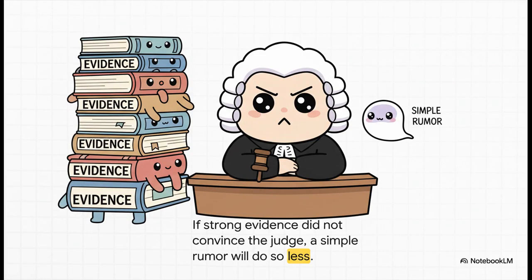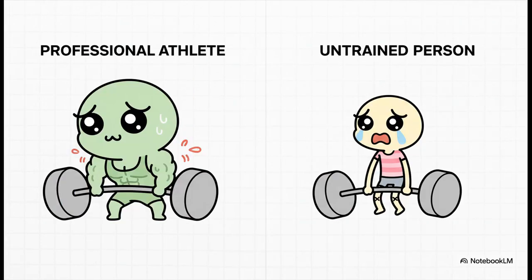And here we go again, same pattern. We start with the big one. Strong, solid evidence wasn't enough to convince the judge. So when you compare that to a minor thing, a simple rumor, the conclusion just feels self-evident. And what's great is you don't even have to explain why the rumor is weaker. The structure of the sentence does all the work for you. And for our last example, let's look at this.